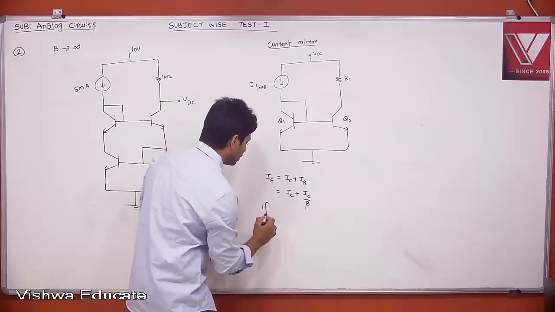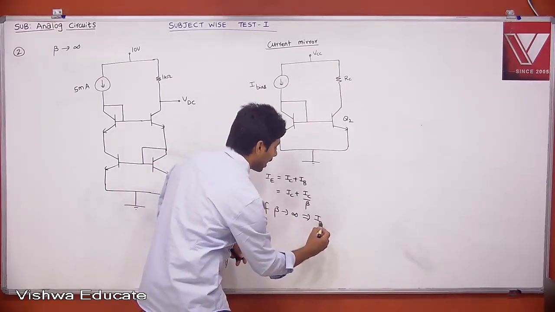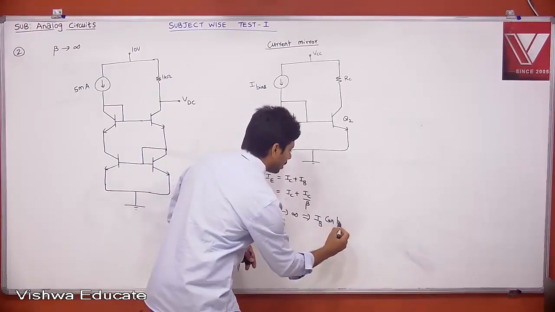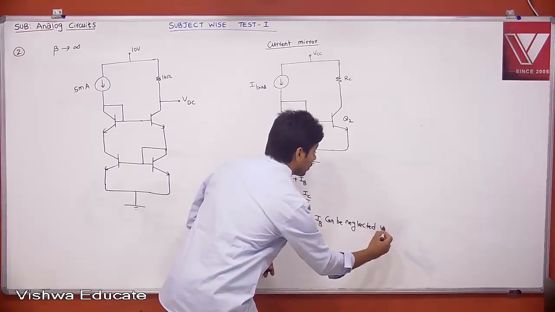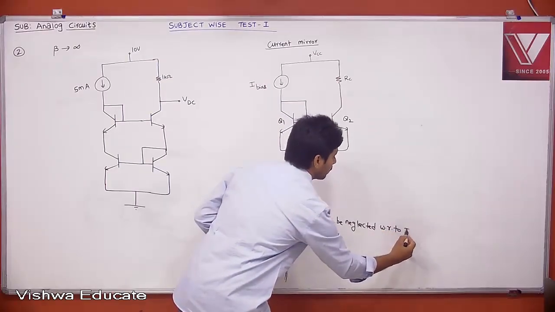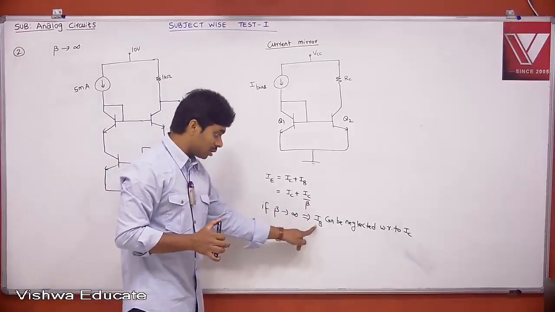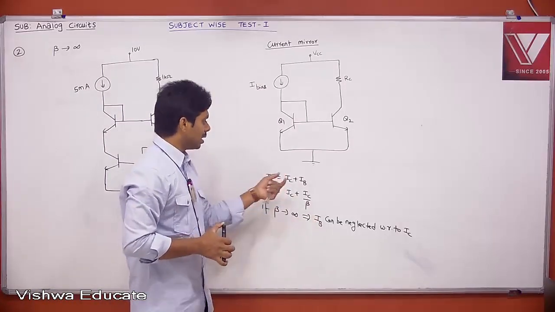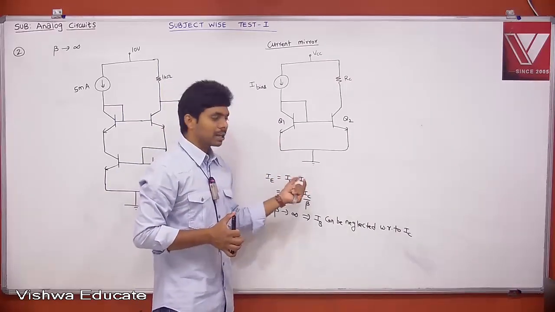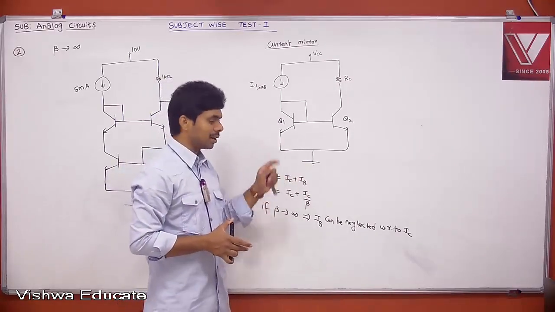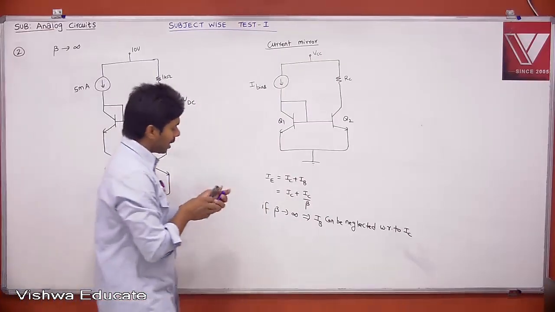Saying beta is very high means IB can be neglected with respect to IC or IE. It's not zero. It can be neglected with respect to IC. If IB is there standing alone, we cannot say zero. If IB is there along with IC, then we can neglect IB. Reference is very important.